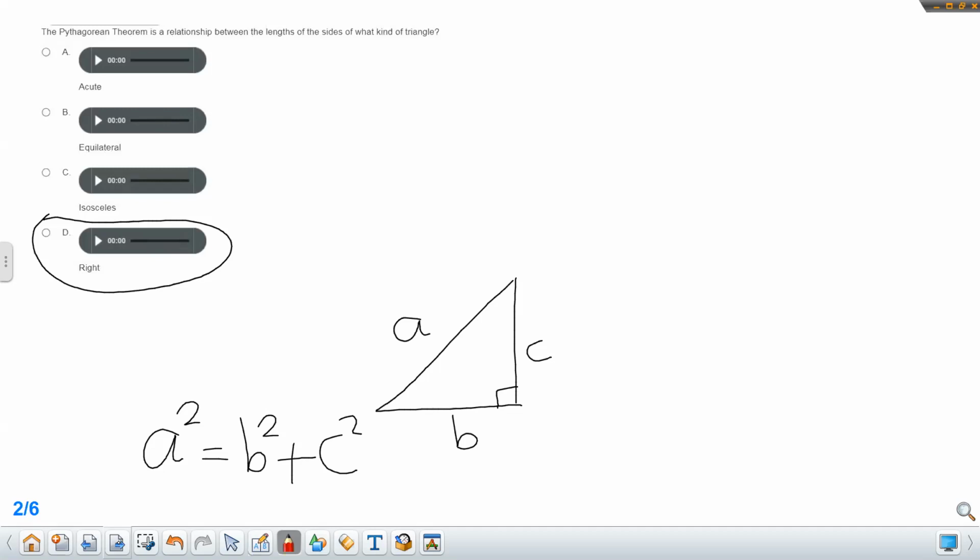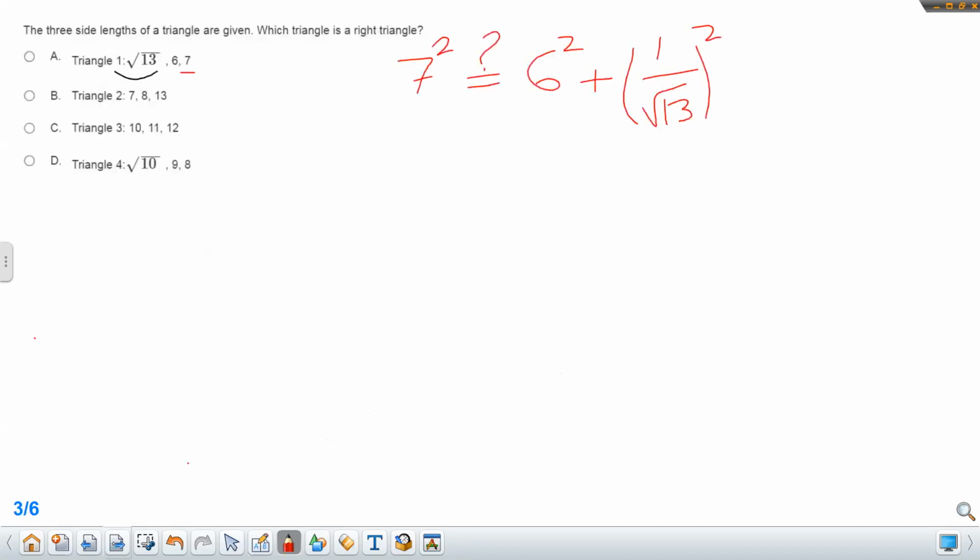Like if you have a triangle with hypotenuse A and the other sides B and C, we can say A squared, hypotenuse power 2, equals side 1 power 2, which is B power 2, plus C power 2. Okay, that's easy. This is number 1.